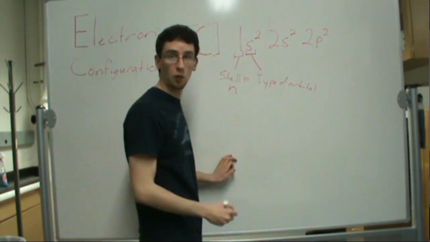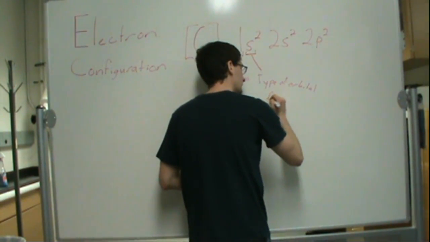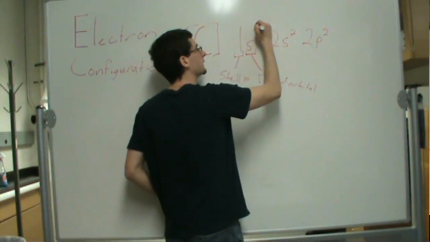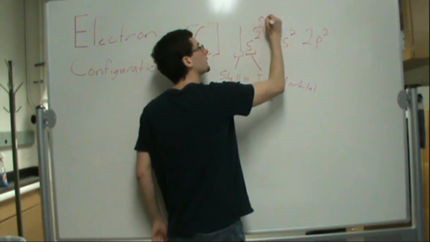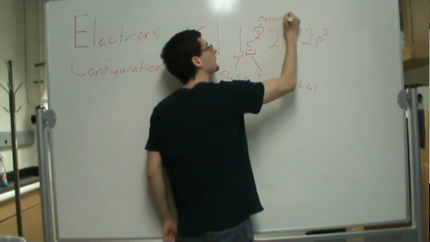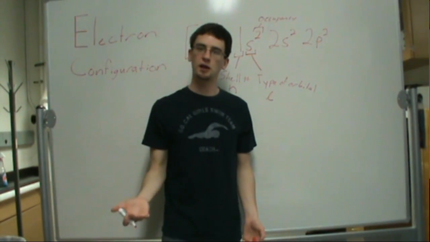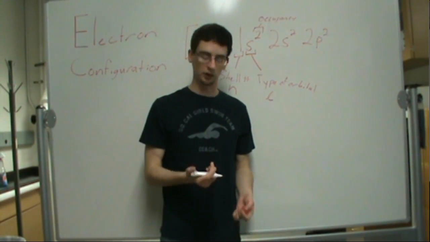This is related to the quantum number L. And then this number up here is the occupancy of the orbitals. By occupancy, I mean how many electrons are accommodated in that type of orbital.